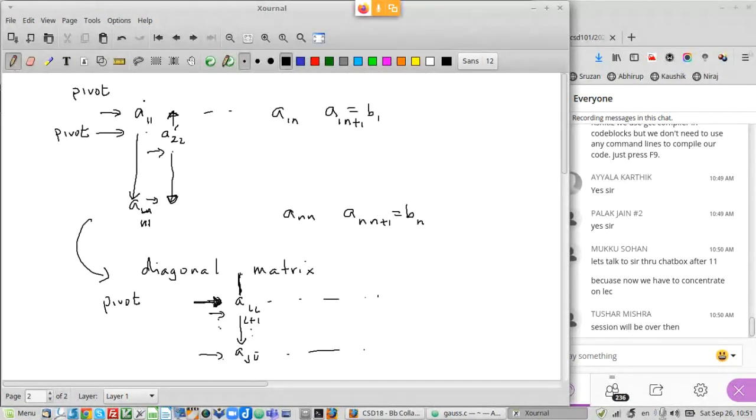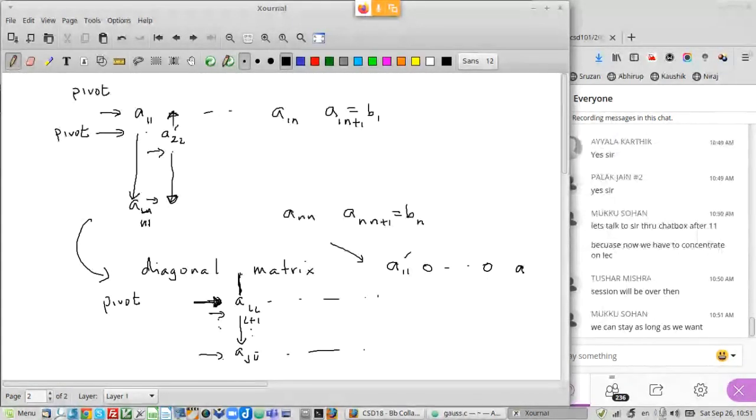The net result is that this whole matrix becomes a diagonal matrix. So it will become something like a11 dash, everything here is 0 except a1 n+1 dash. Similarly for everything. So all diagonal elements are non-zero, up to ann dash and an n+1 dash. All these things are 0.